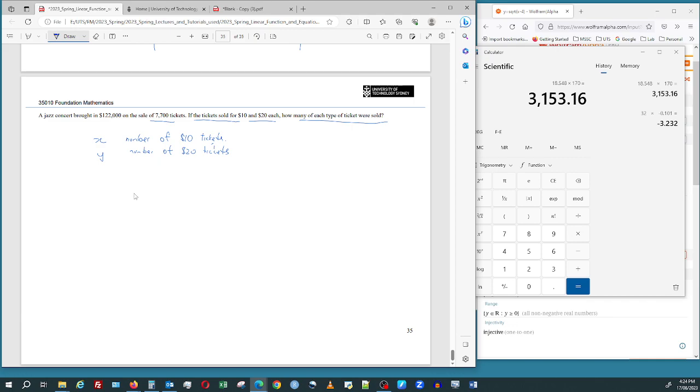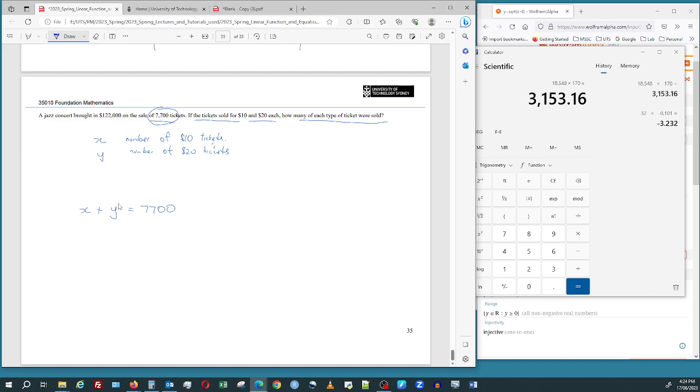So now we have to express these amounts in terms of X and Y. Now we know the total of X and Y was 7,700 tickets. So we can write X plus Y. We don't know what the balance was, but we just know that it was that. 10s and 20s sold 7,700 seats, so that's pretty easy.